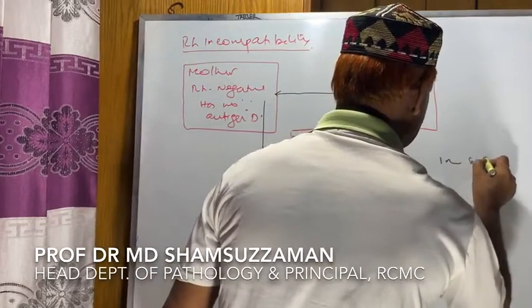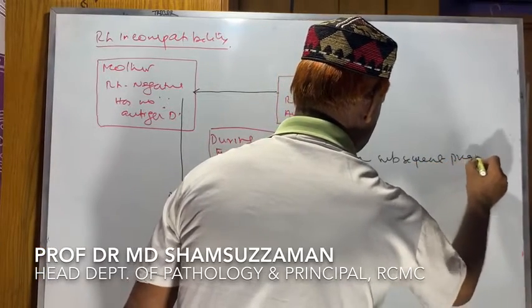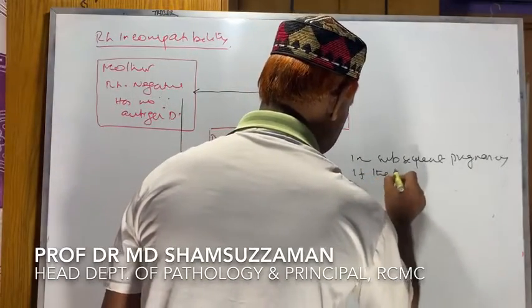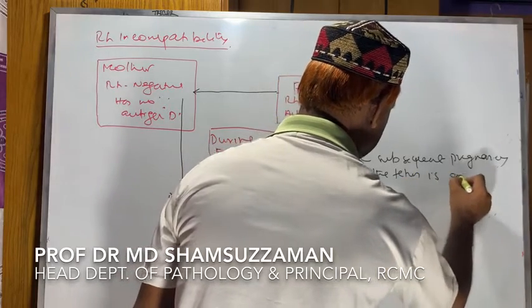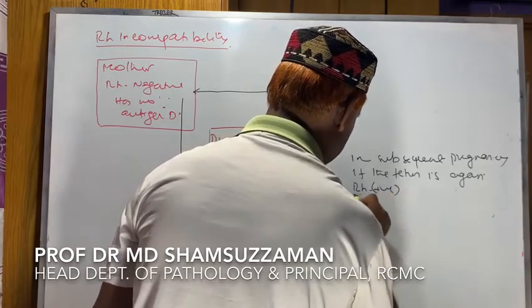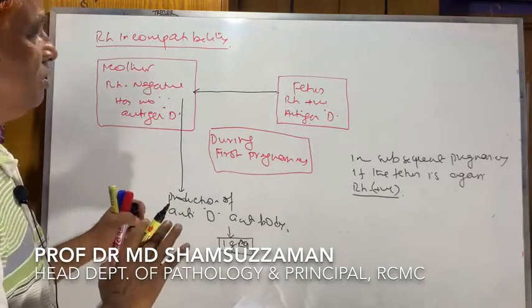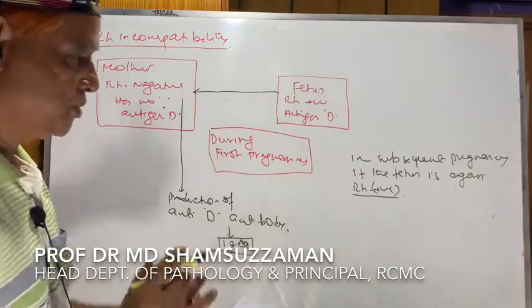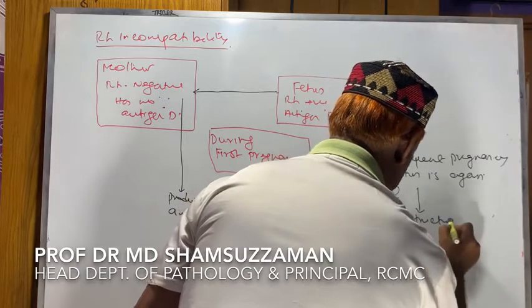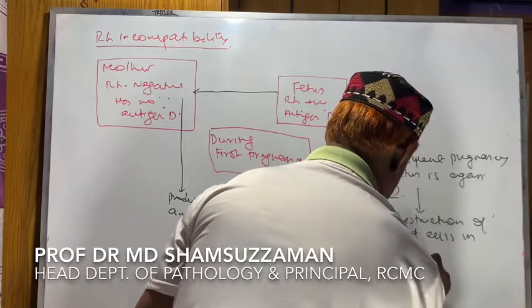In a subsequent pregnancy, if the fetus is again Rh positive, there will be destruction of red cells in the fetus.